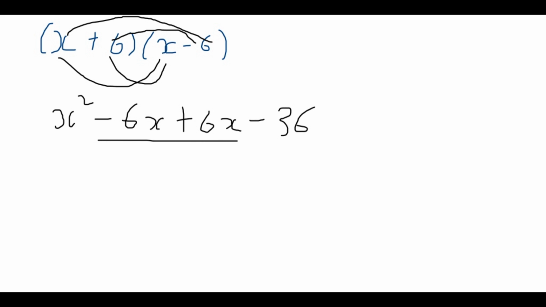So here we have like terms. Negative 6x plus 6x is going to give us 0. So what we have here is x squared minus 36 as the expansion.